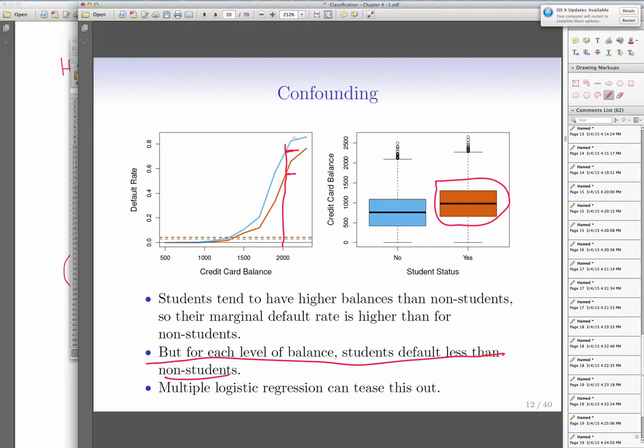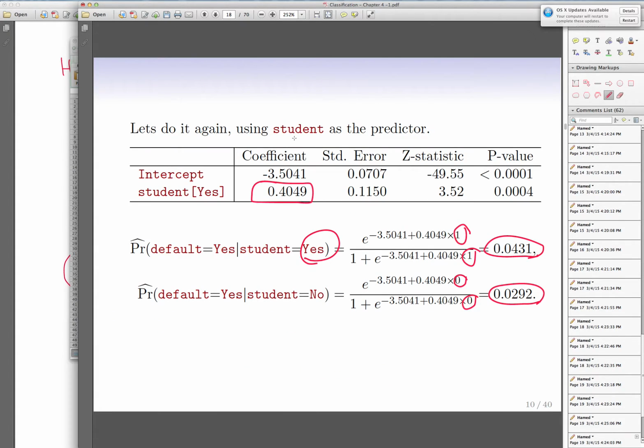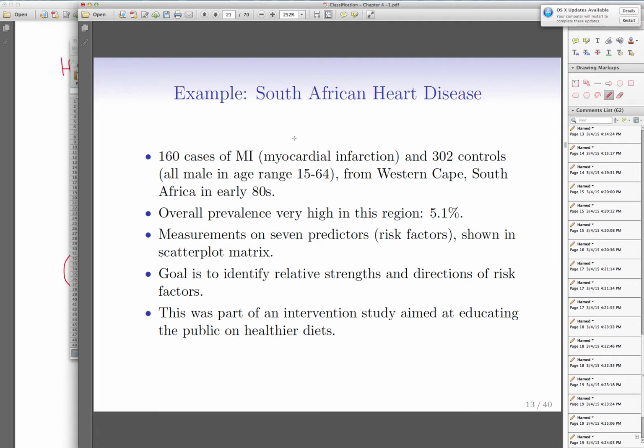Here, when you have incorporated balance into the equation, and since balance and studentship have very high correlation, we say for a fixed value of balance, the students are 47% less likely to default. But being a student means holding more balance, and that is why students, on average, in the previous case, have around 40-something% more chance to default. So we should be very careful when we interpret this data.